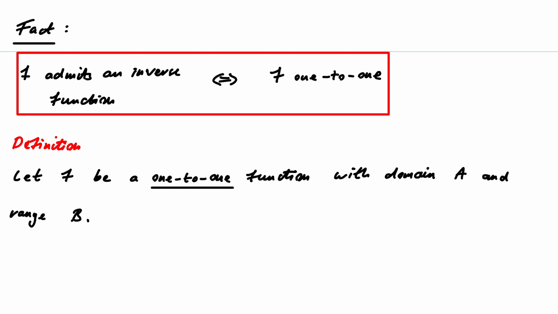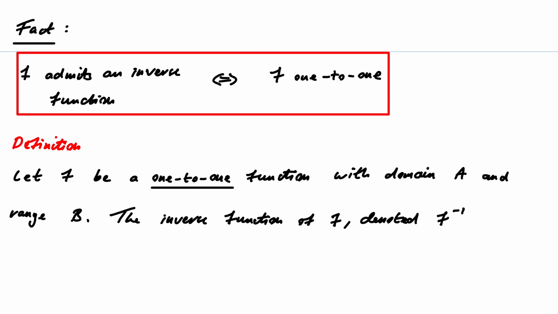So the inverse function of f, denoted f inverse, this slightly ambiguous notation, is the function with, it's going to reverse the domain and the range because it's everything done backwards.